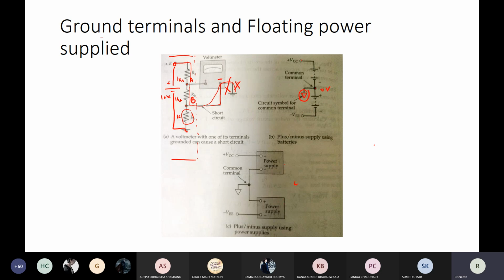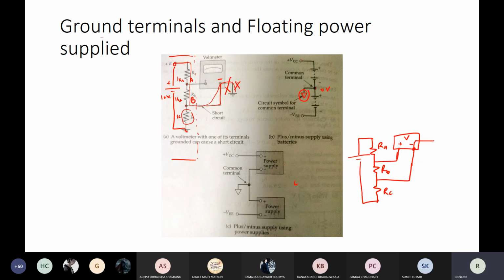Now you tell me, when this is connected like this, this is my voltmeter. If I connect it like this, what will be the potential of this common terminal?